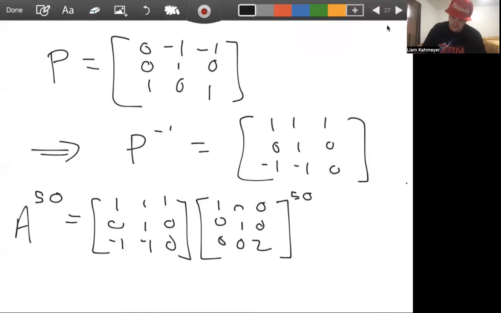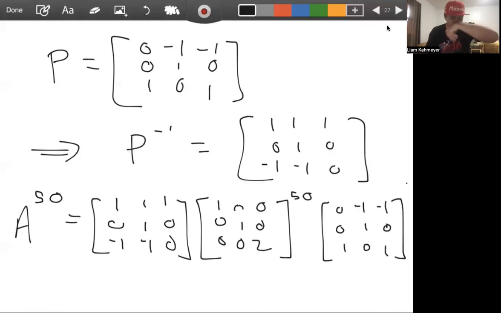And that's to the 50th power times P, 0, negative 1, negative 1, 0, 1, 0, 1, 0, 1. Well, we've seen that the product of a diagonal matrix with itself is relatively easy to compute, because the power is just transferred to the entries along the diagonal.